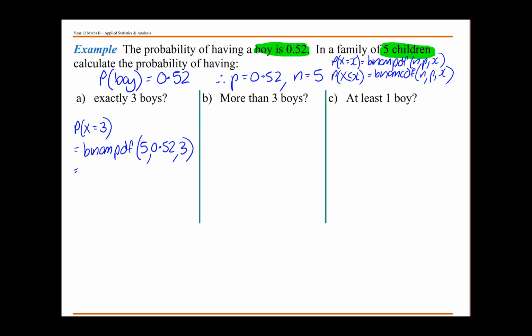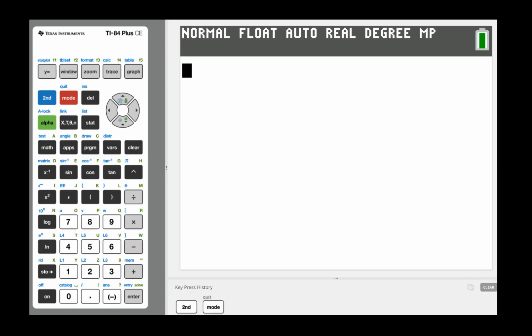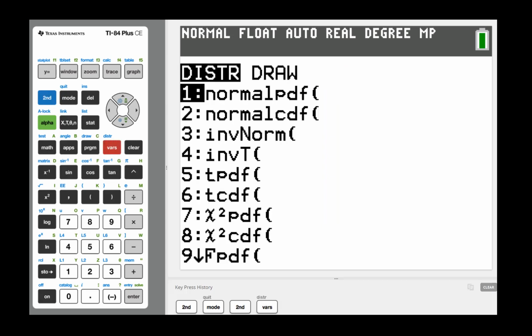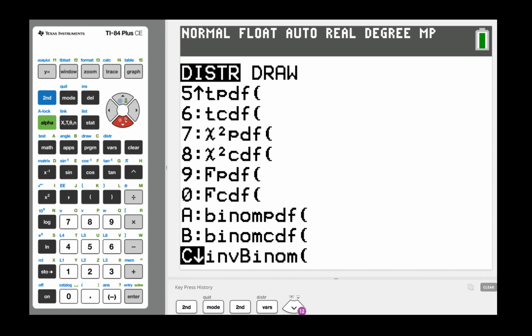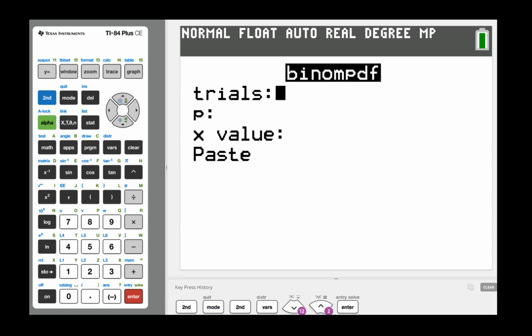So let's go to our calculator. We want second vars. So we go into distribution, and then we go down until we get binom PDF, which is A. Press enter. Our number of trials is 5, enter. Our p-value is 0.52, enter, and our x value, we want 3 boys, so 3, enter.